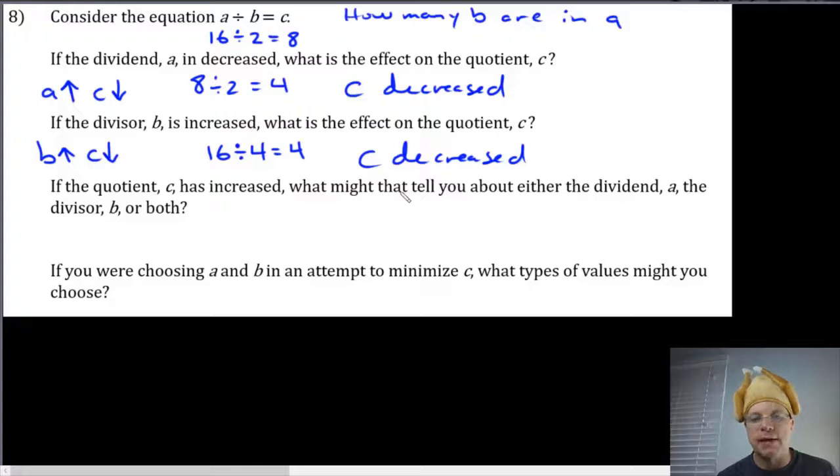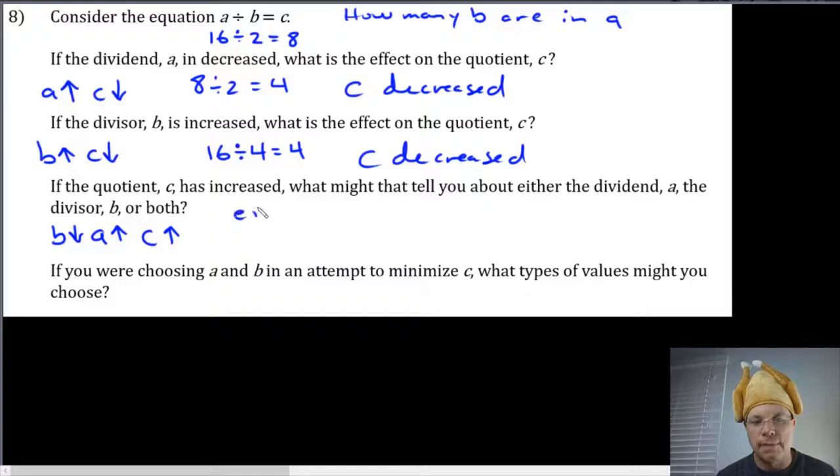This third part says if the quotient C has increased, what might that tell you about either the dividend A, the divisor B, or both? So if C is larger, if we're asking how many B's are in A, if B is smaller, there are more B's in A, so C would be larger. Or if A is larger, I can fit more B's into A. And so when B is smaller or A is larger, then C is larger.